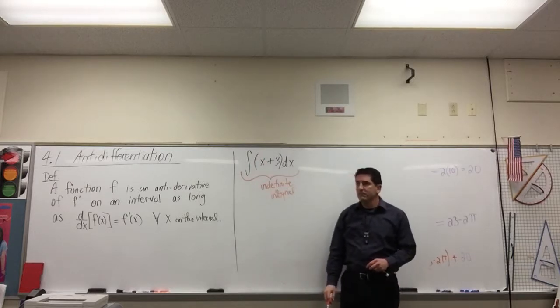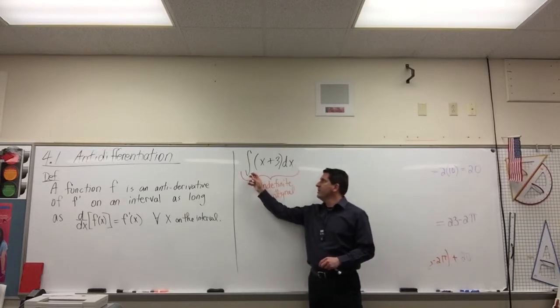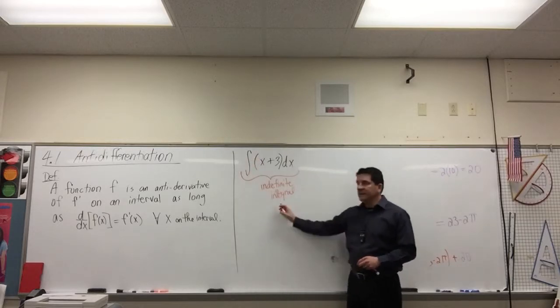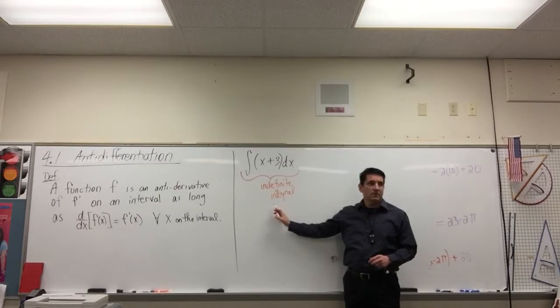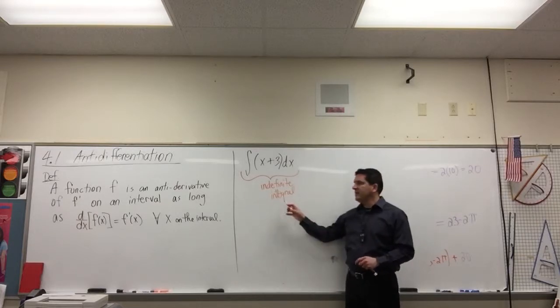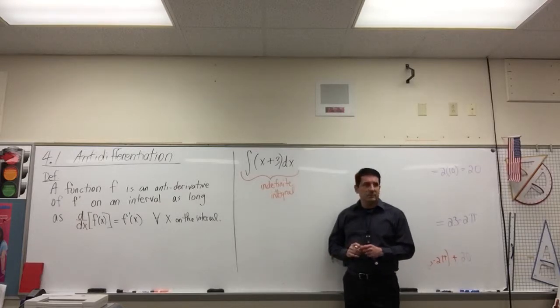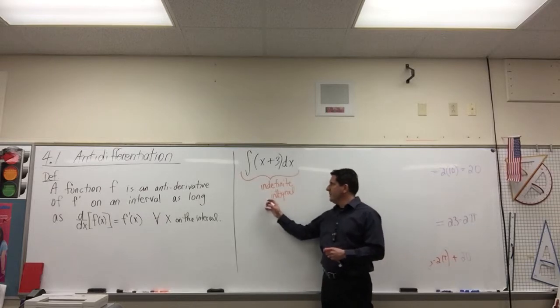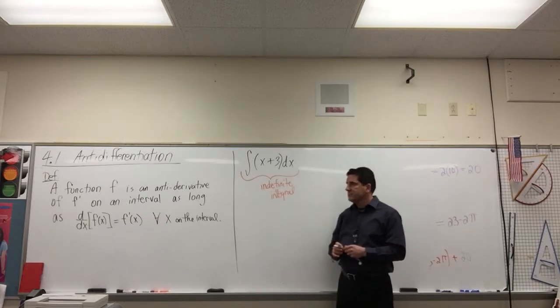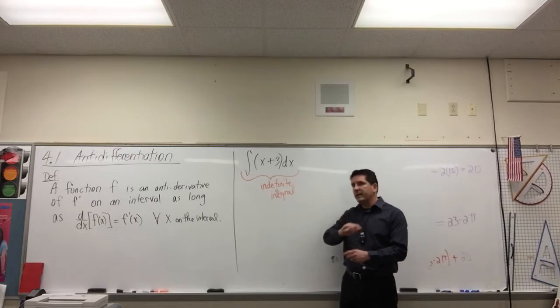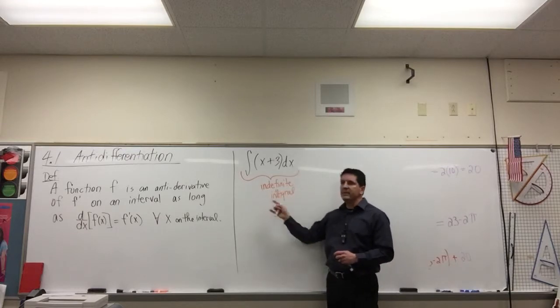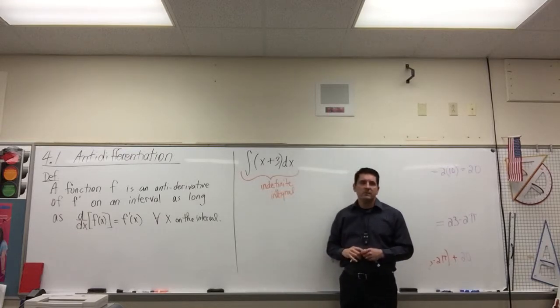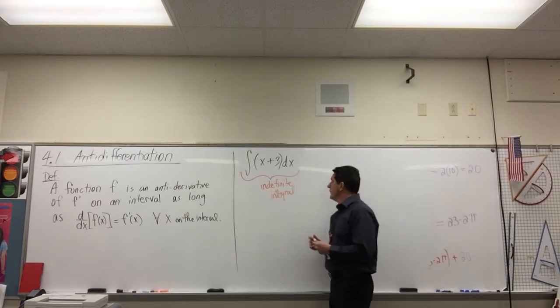So when you see no number here and no number here, it's an indefinite integral. And the answer to an indefinite integral is a function. That might be worth writing down. The answer to an indefinite integral is always a function, where if you page back in your notes, we know that the answer to a definite integral is always a number.